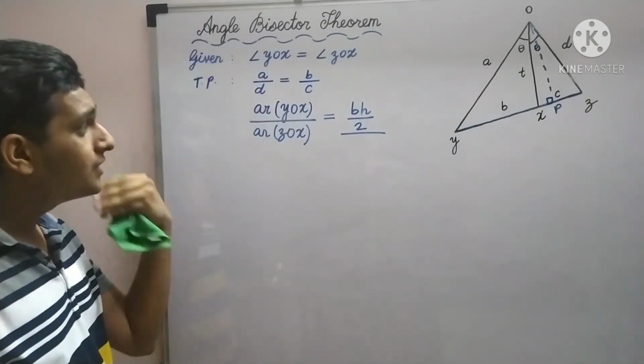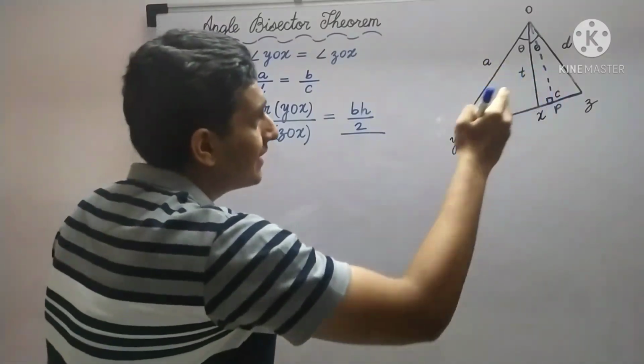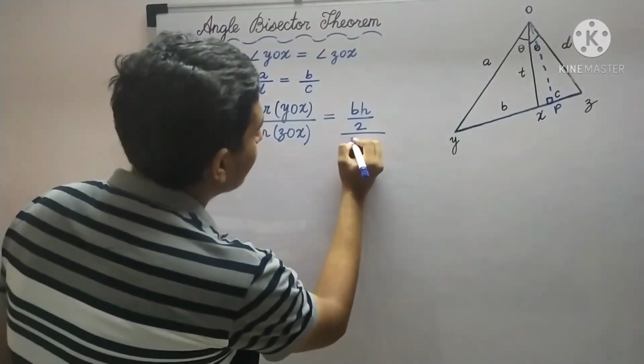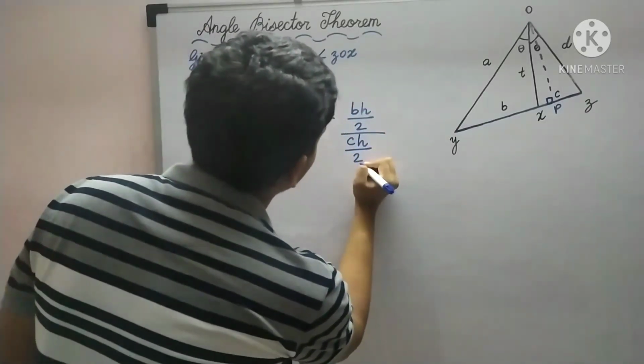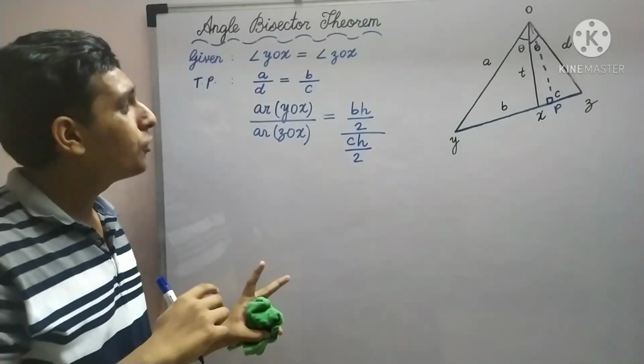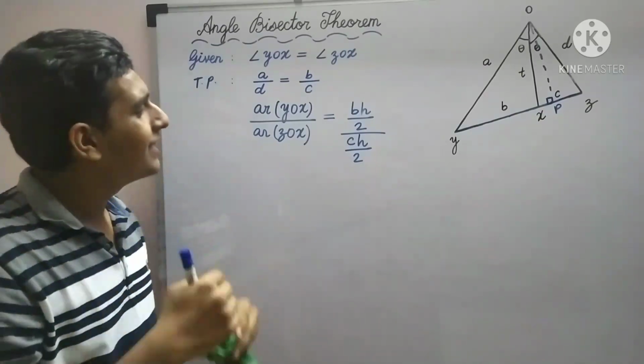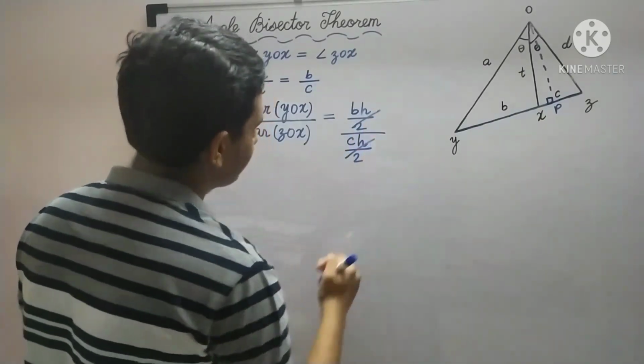Similarly, area of ZOX is ZX, that is C, into the common height H by 2. We can simply strike off H by 2 to simplify it to B by C.